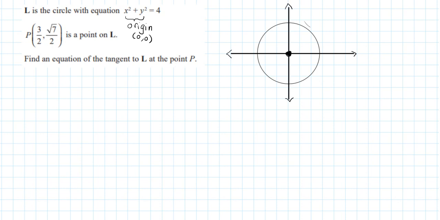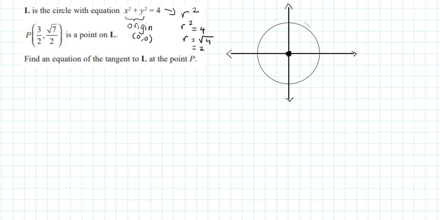This 4 represents the radius squared. So r squared is equal to 4. To find the length of the radius, you have to square root 4, which is 2.